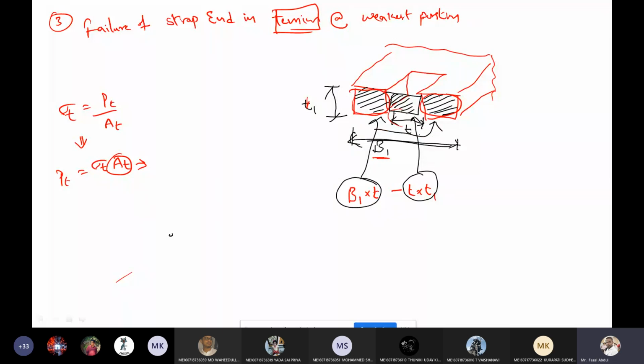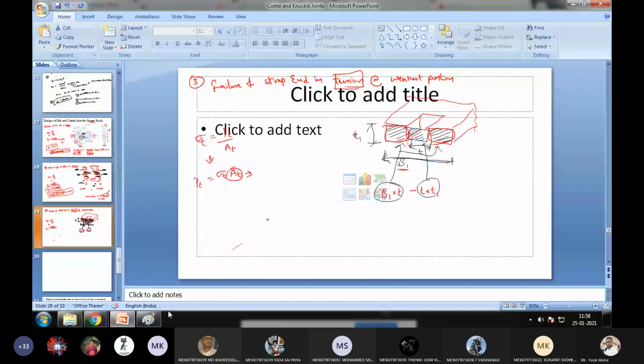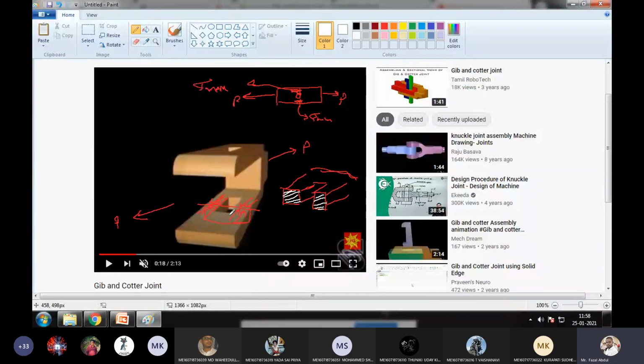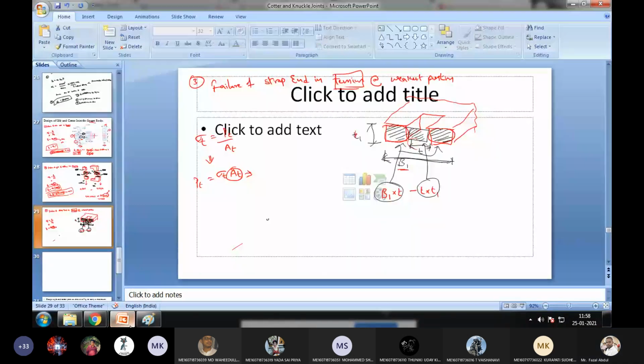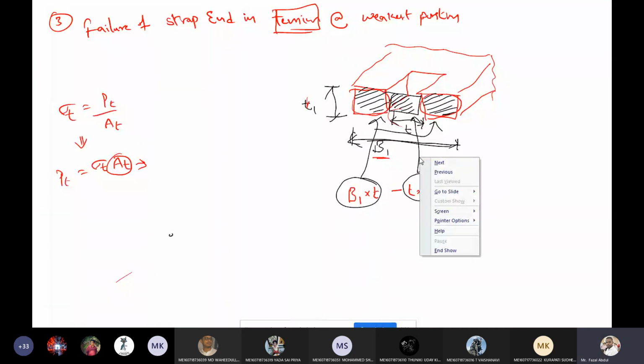Now this failure is happening for the two strap ends because it is having two straps. Here, this is having the two straps, here, another is here. Isn't it? For that reason I'm multiplying with 2.